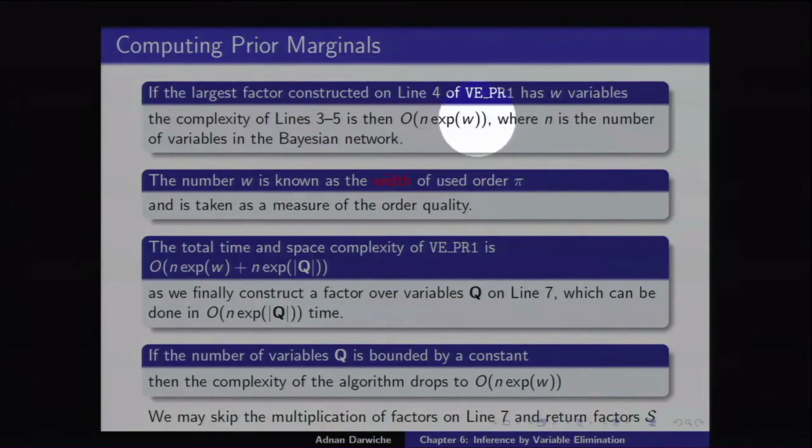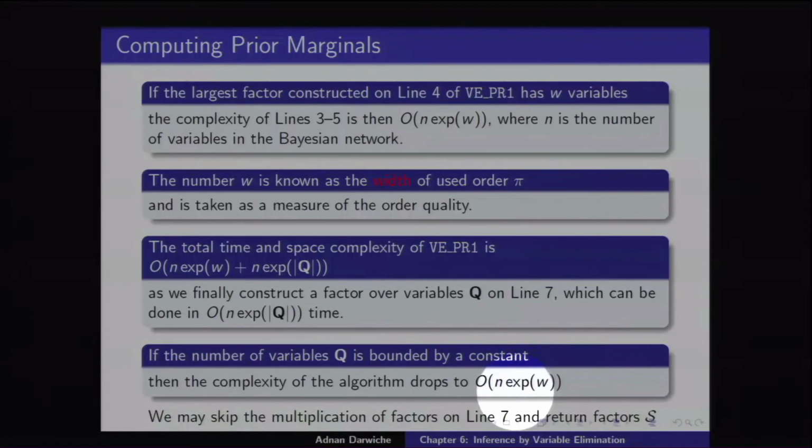If you do the multiplication on the very last line, in the worst case, that's this guy. So this is actually the complexity of this algorithm. If you assume that Q has a small number of variables, I'm computing the marginal over a small number of variables, this guy goes away, and then you're left with this. In fact, when people talk about variable elimination, they show you this complexity result.